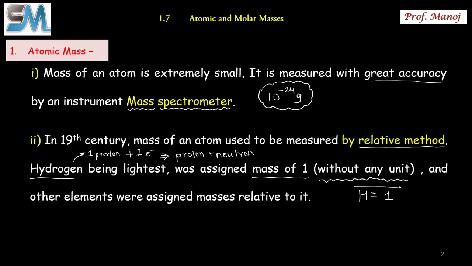This number was arbitrarily given to hydrogen. Nobody knew whether this number was correct or wrong. They just said 1 proton, that's why atomic mass is 1. Considering this atomic mass of hydrogen, they started assigning atomic masses to the others. That is why this is called the relative method.